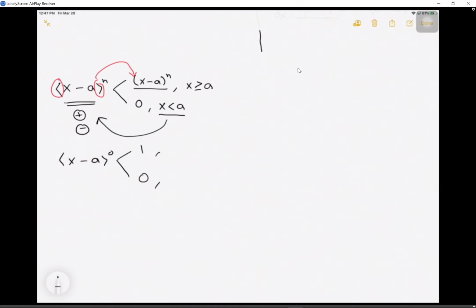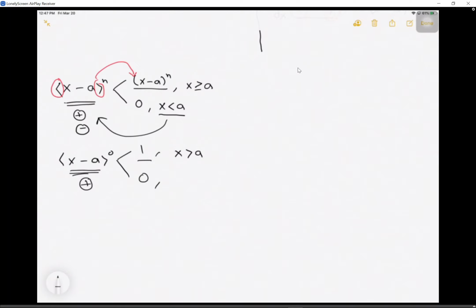How can we get 1? We have a value of 1 if our x is greater than a. And that would mean that if this value x minus a is positive, we will get a value of 1 for this specific singularity function.